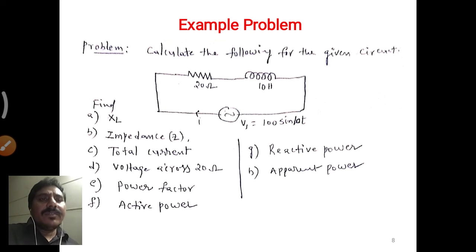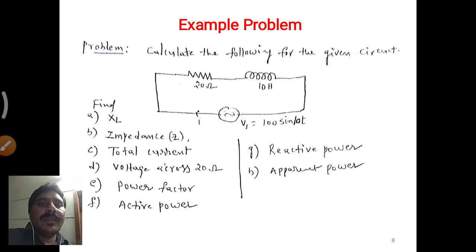The circuit consists of 20 ohms resistance and 10 Henry inductance, and it is supplied with a sinusoidal voltage Vs equal to 100 sin 10t, which is the supply voltage. Now we have to find various values here.